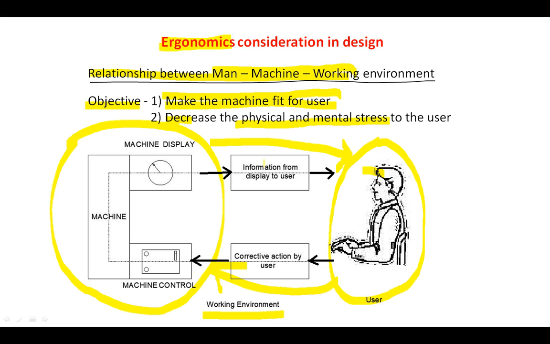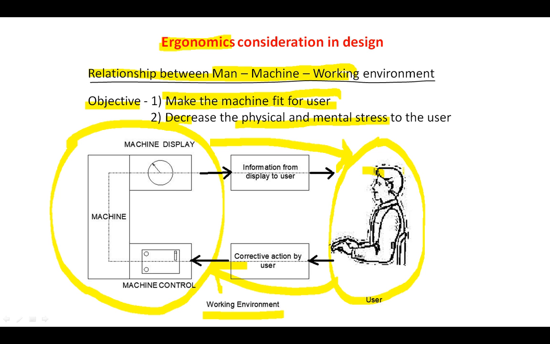Why are they placed at a height of 4 to 5 feet? Because a user can easily access that switch without any need of a ladder or without any need to bend down. If a switch is at a height of 4 to 5 feet, then the user can switch it on and off very easily.